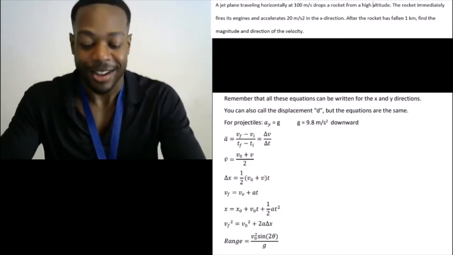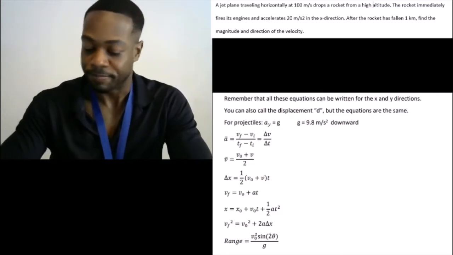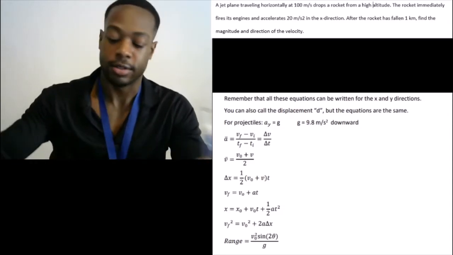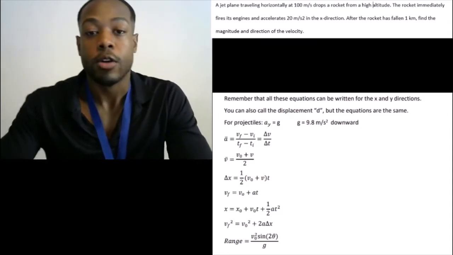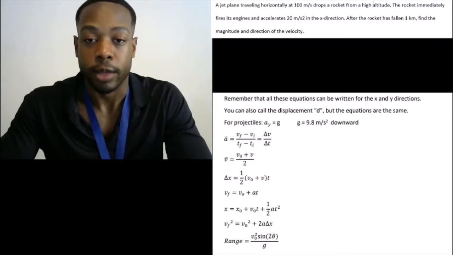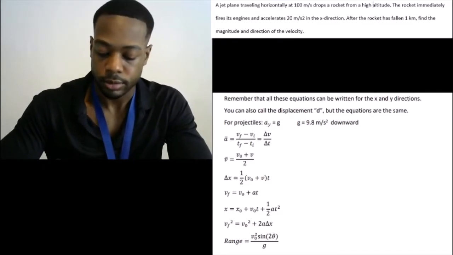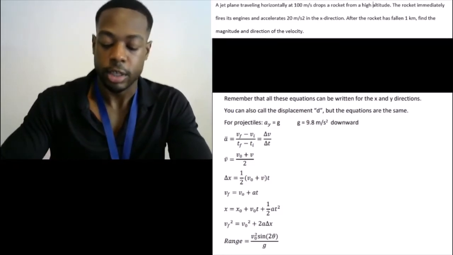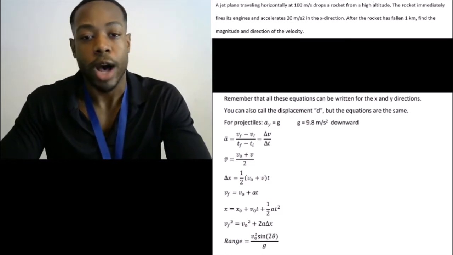So let's focus on the Y components, right? We've got a Y displacement of negative 1,000. Initial Y velocity of what? Zero, right? They don't tell us there's any Y velocity initially.